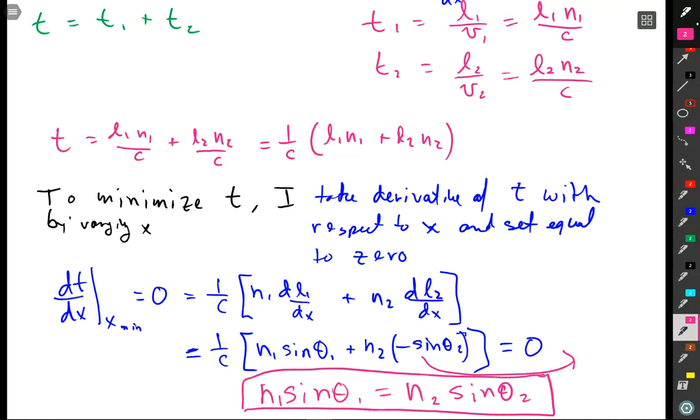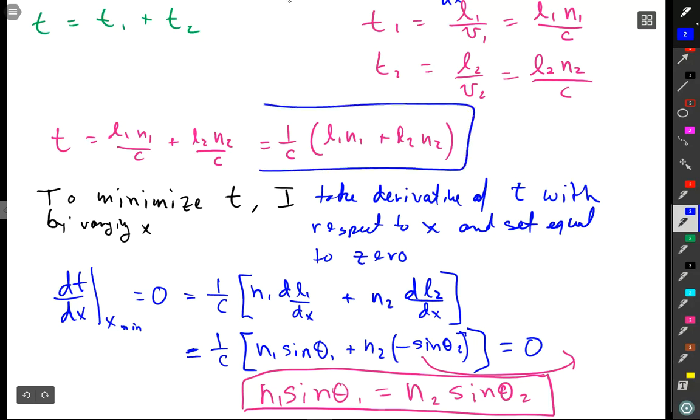Okay, so I was taking the derivative. So here's my t equation right here, right? And so 1 over c is constant, so that stayed out front. n1 is constant, so I just put the n before the derivative. And so since I'm doing d dx, since L is not constant, that leaves here dl1 dx. And likewise for the second term, dl2 dx, the n2 is constant.